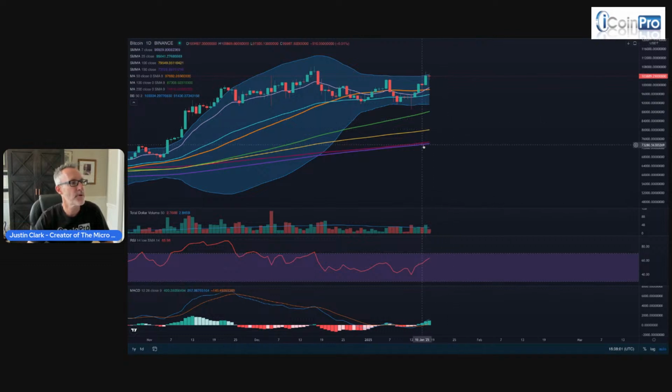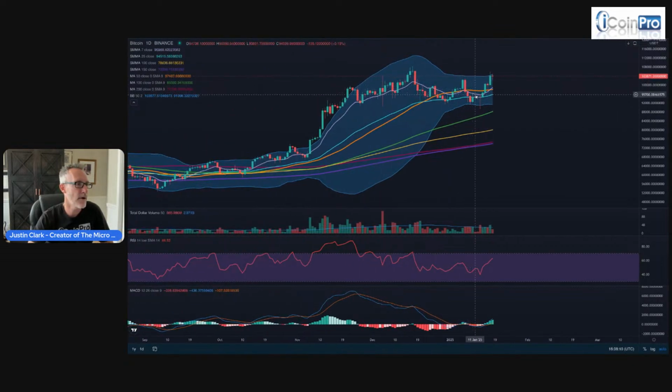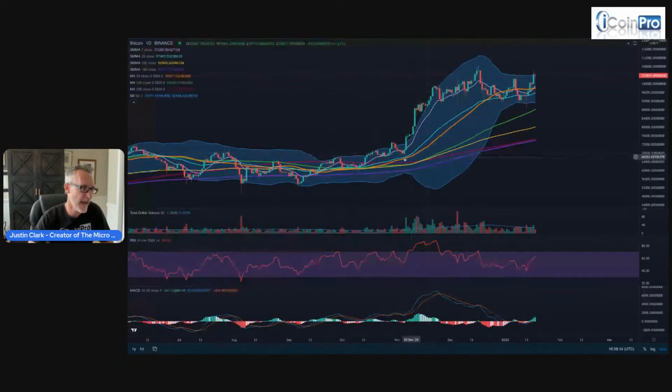These purple, maroon, yellow, green lines, etc. are moving averages. They are calculations of price going back in time. The way that they're done, we really don't even need to get into. We just need to know how to use them. And this shaded area is called a Bollinger Band.